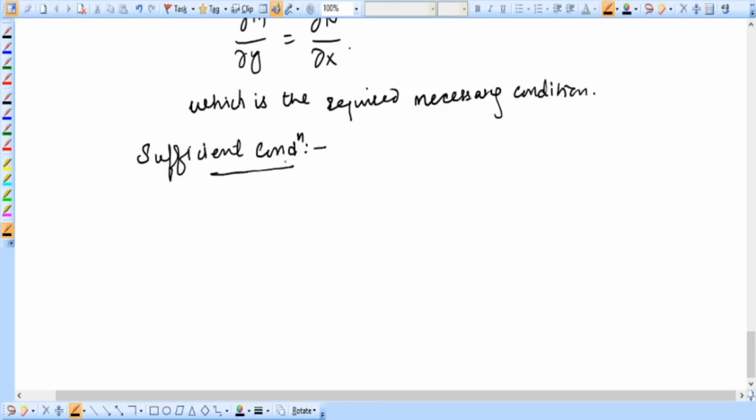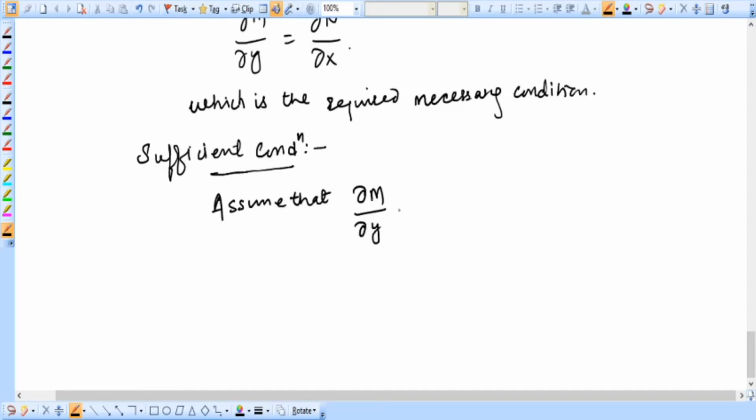As I told you earlier, in this part we are going to assume that ∂M/∂y is equal to ∂N/∂x. This is the converse part, okay.